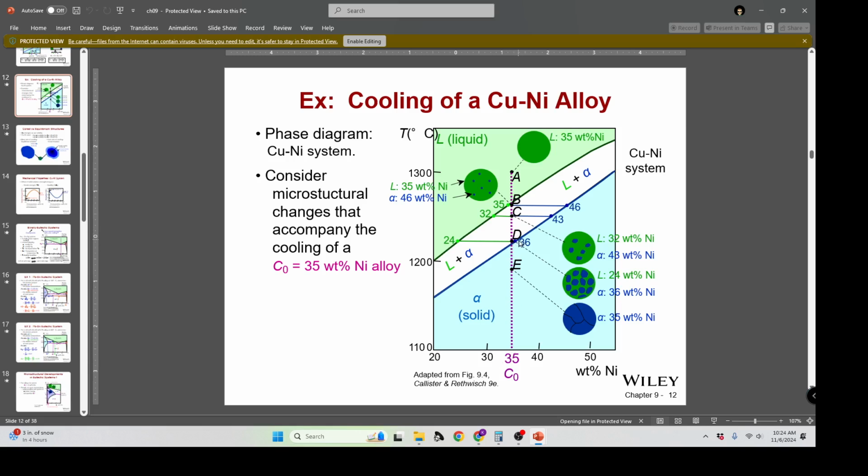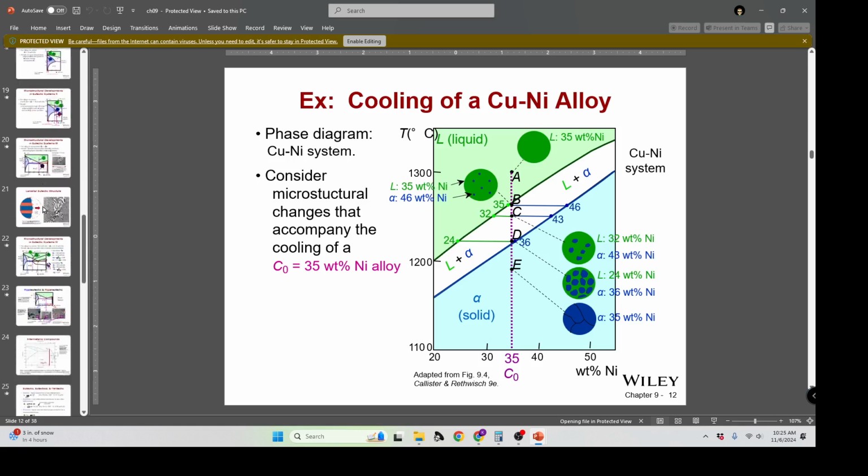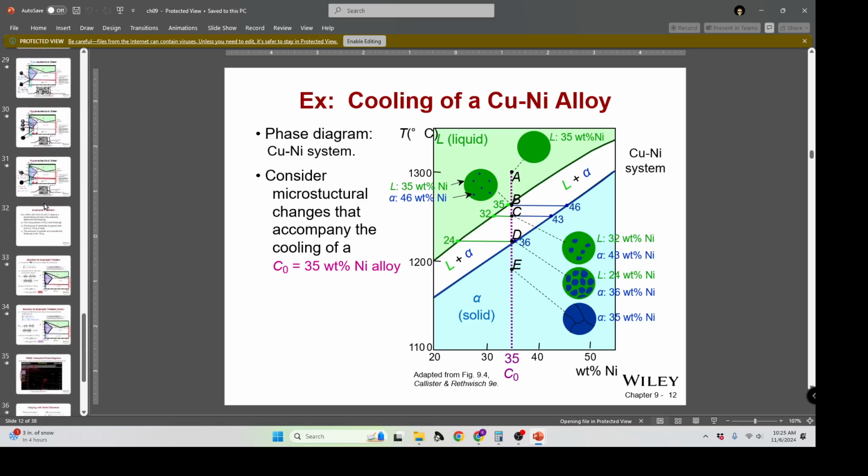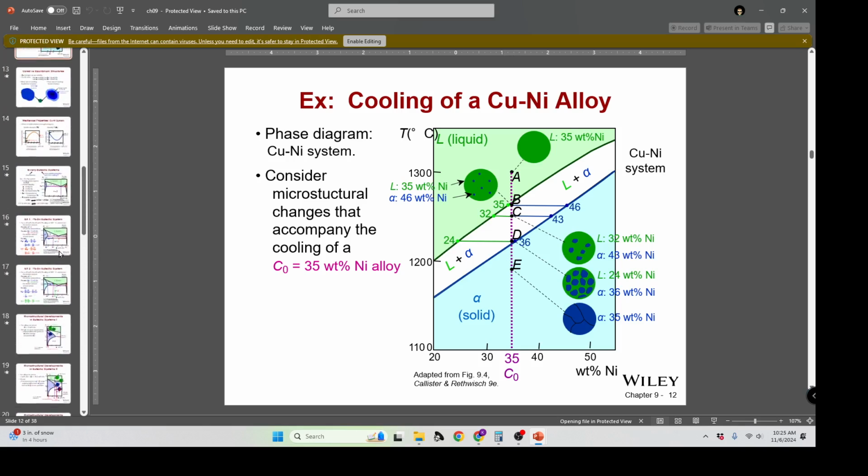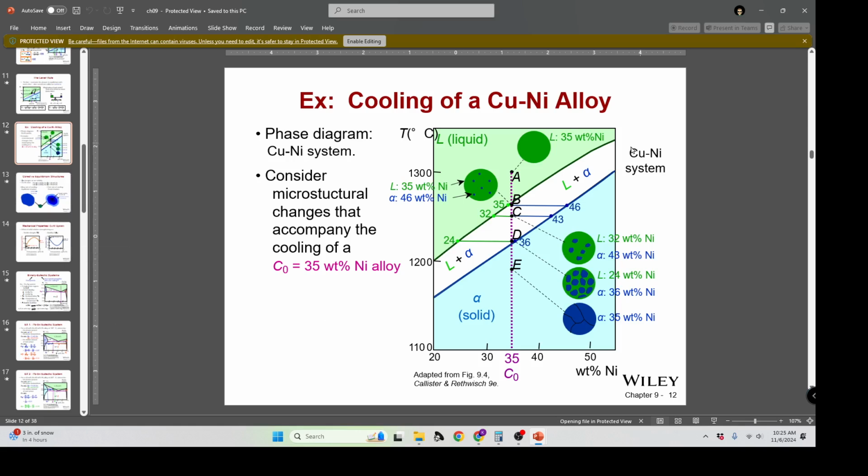Just above the solid line, it's 36% nickel in the solid and 24% nickel is the liquid composition. So you rapidly approach the ending composition by the time you hit the lower end of the line. So it's really important to understand how all of that interacts, and that fundamental behavior of the phase diagram.